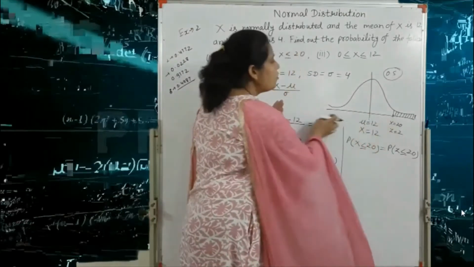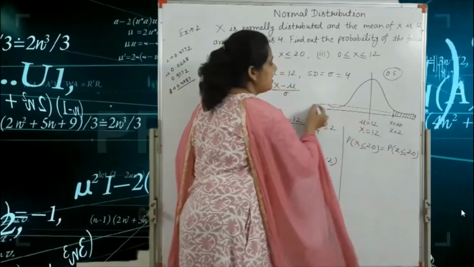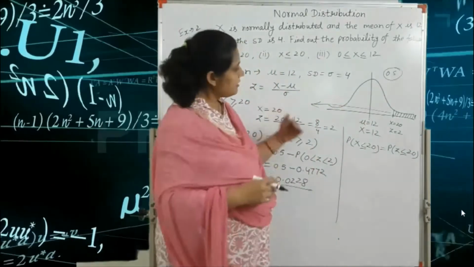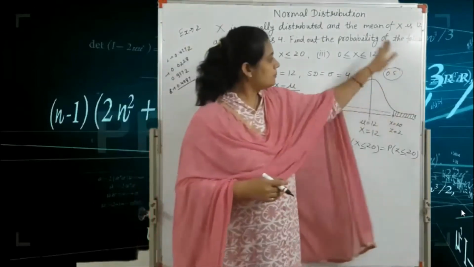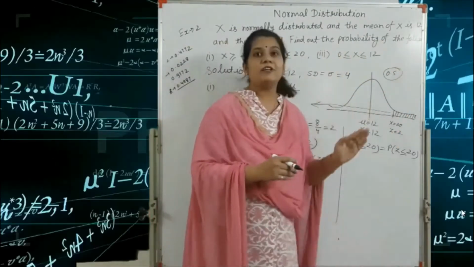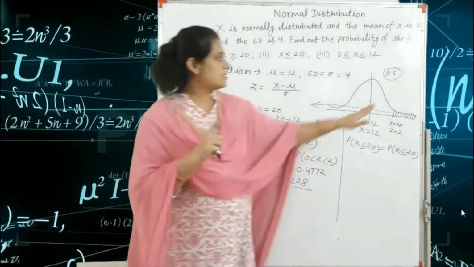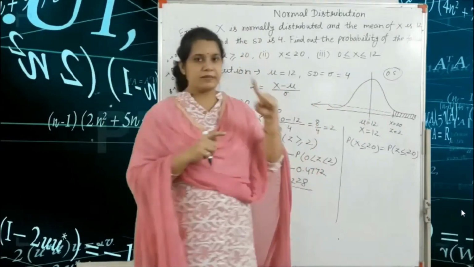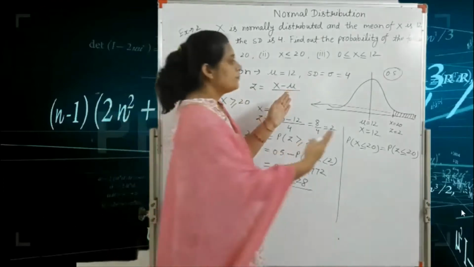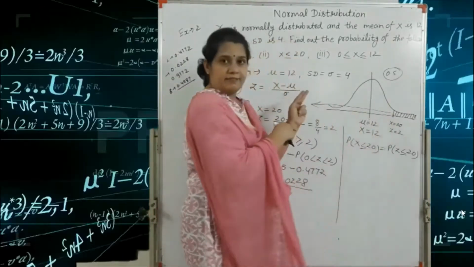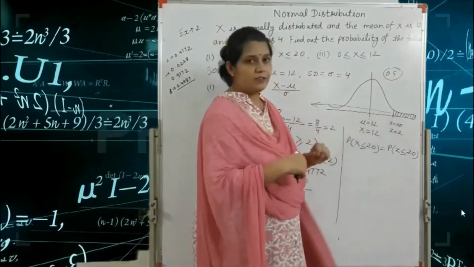Okay, so if we find the probability of z less than or equal to 2, that means we find the probability of the whole area, these areas. Okay, that means if we find the value of all these areas, the total probability, the total value of the area, is 1. 0.5 and 0.5, that means 1. If we write 1 minus this area, okay, so we get this value.